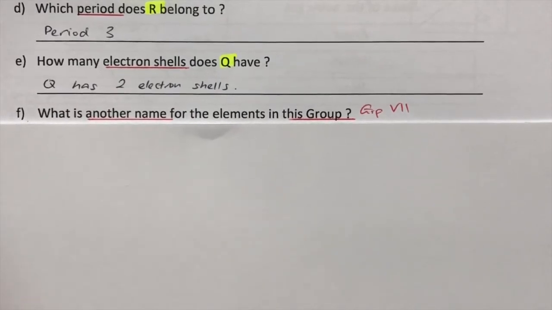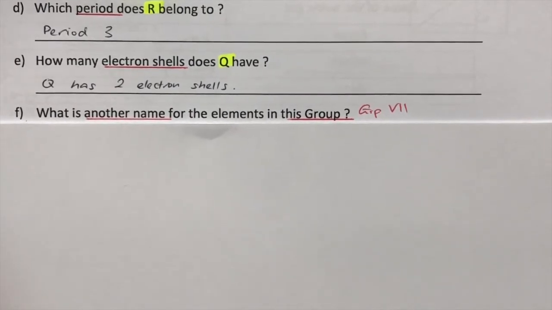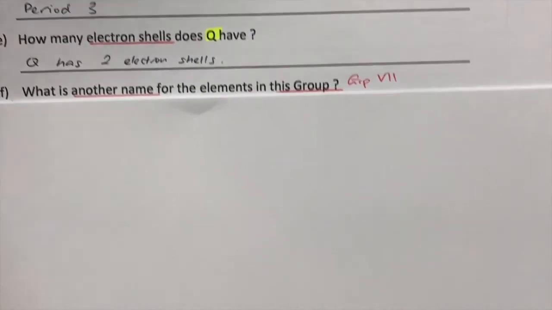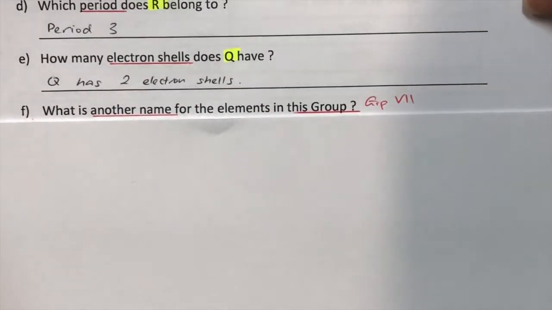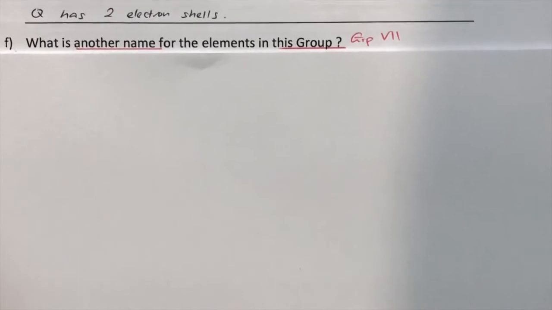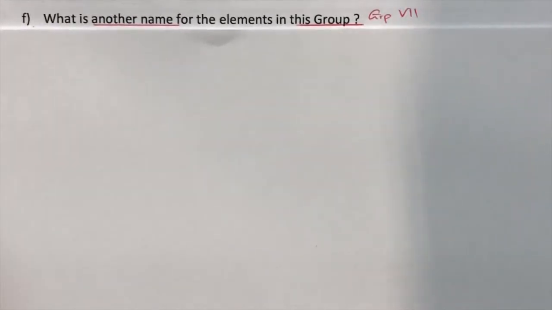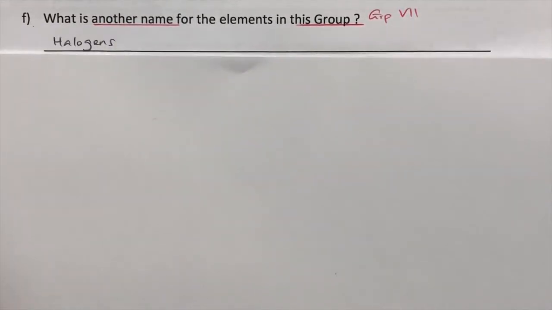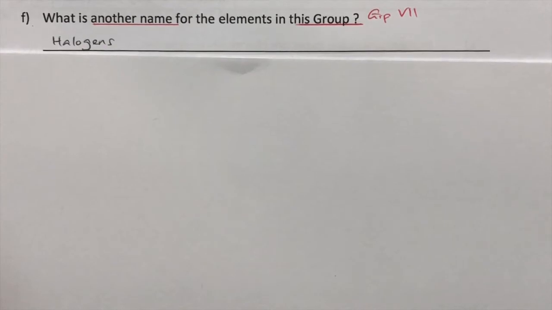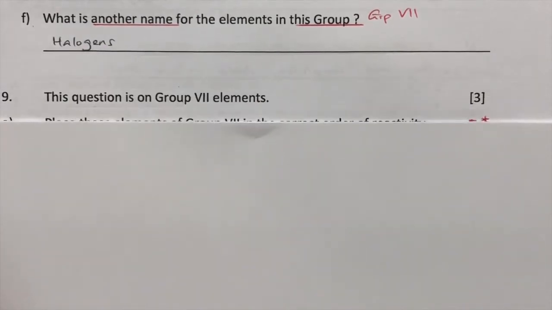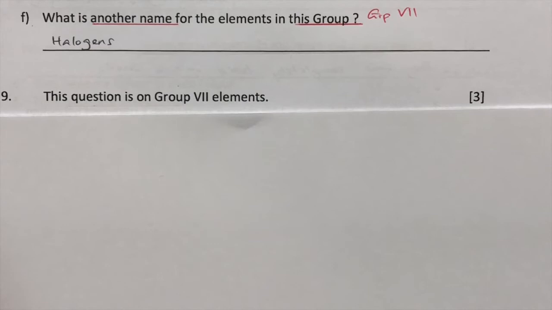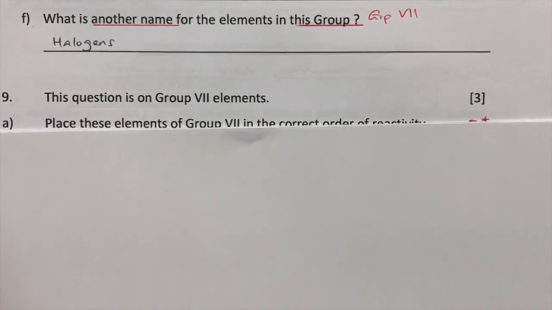Okay, what is another name for the elements in this group, group 7? The name of group 7 elements is halogens.